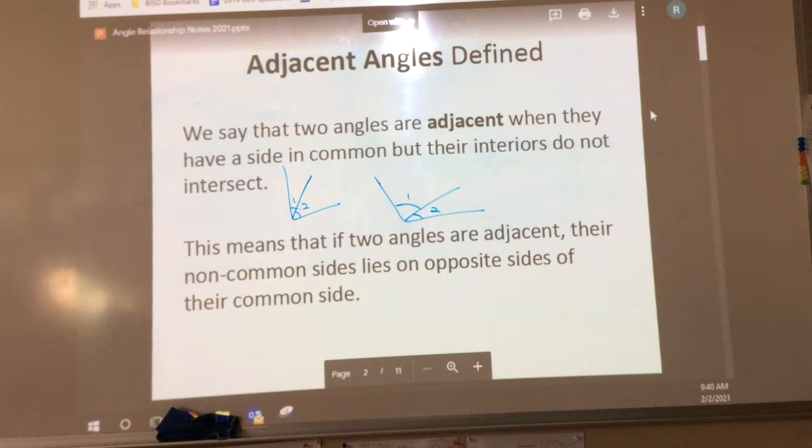I believe that was one on your page yesterday, correct? Okay, adjacent angles.